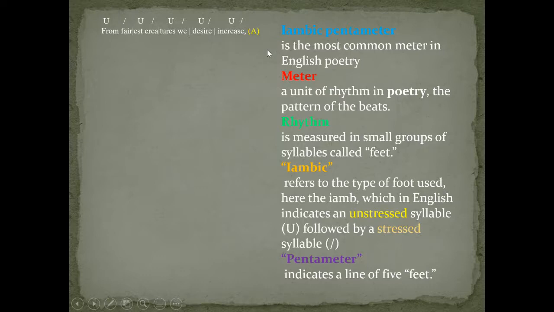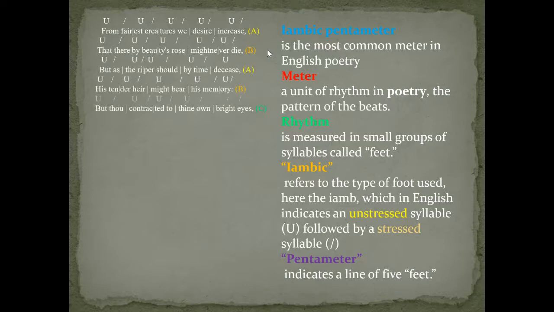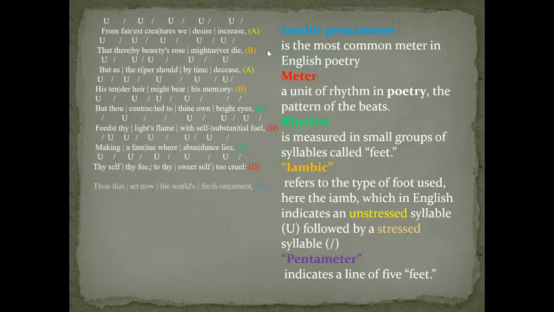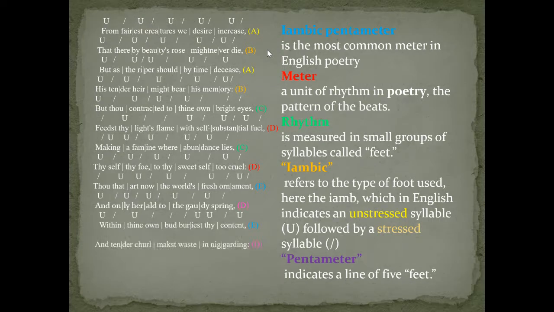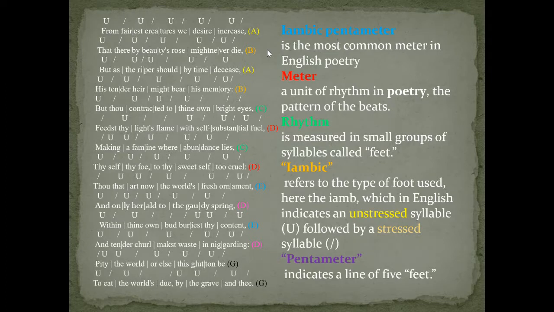So this is where poetry can get really complicated if you want to study it, because you have to understand how intonation works. I did all the scansion, as we call it, on this poem to help you look at how things don't always follow the strict formula, but in general, most of the time they do.